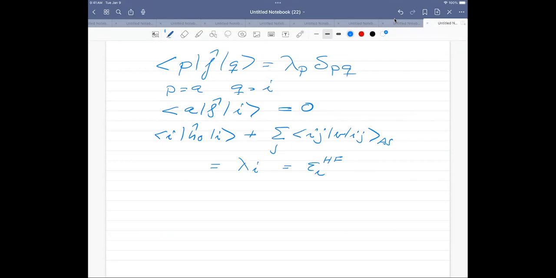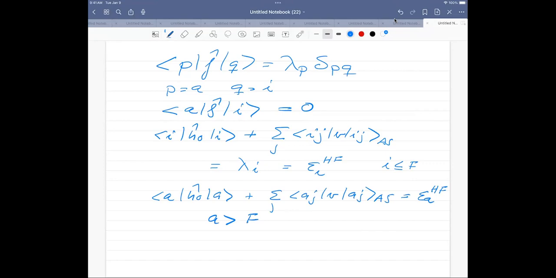And similarly, I will have ⟨a|h0|a⟩, this is for the states, so i is below the Fermi level, and I have a plus sum over j of ⟨aj|v|aj⟩, anti-symmetrized, and I'm going to call this epsilon_a Hartree-Fock. And a is larger than F.